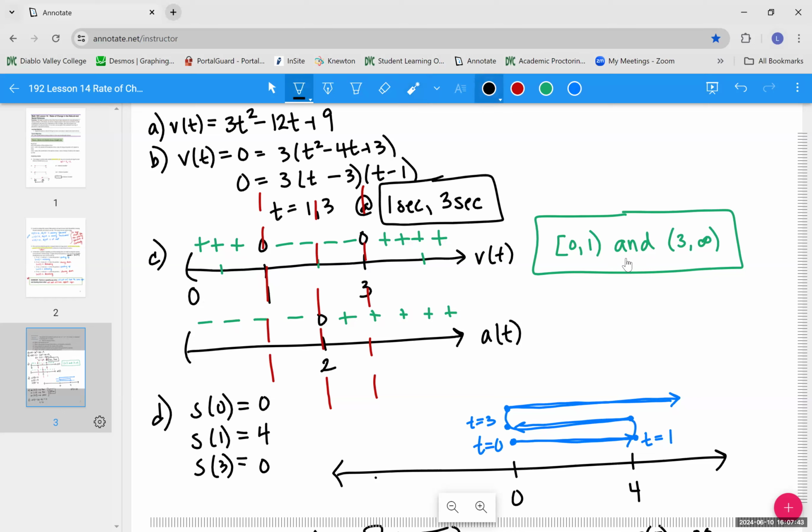So I'm going to fill in my answer to F right here so I can view my charts together. So it's slowing down, we say, on 0 to 1 and 2 to 3.